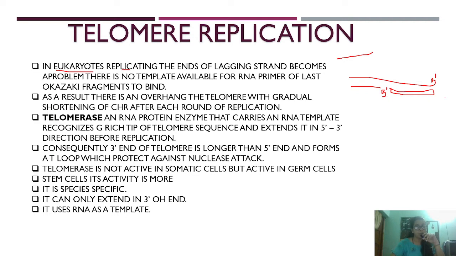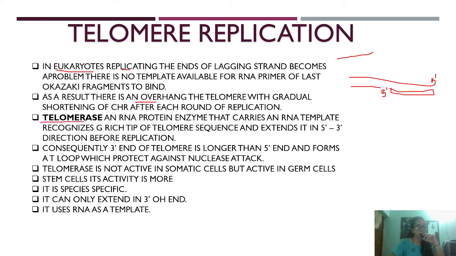There is no more template available for this part to get completed. That's why this 3' end gets an overhang. As a result, there is an overhang at the telomere with a gradual shortening of the chromosome after each round of replication. Then what is the solution?